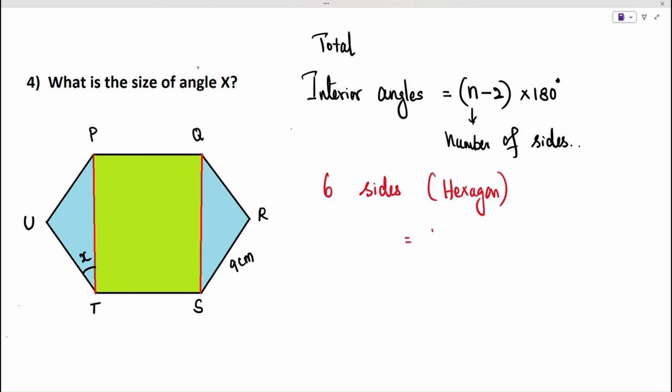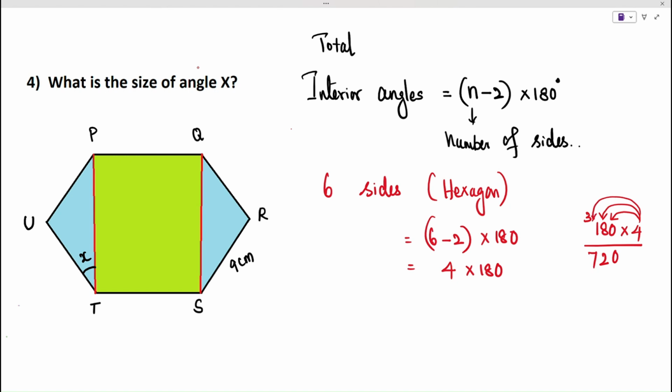we get 6 minus 2 multiplied by 180. And this is equal to 4 times 180. Now, let's do multiplication and get our answer. So 4 times 0 is 0. 4 times 8 is 32, so we put our 2 and we carry over our 3. And we have 4 times 1, which is 4, plus our 3, which gives us 7.